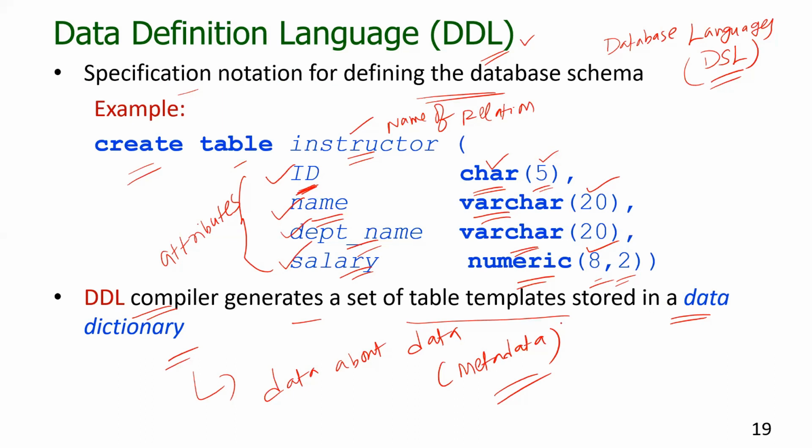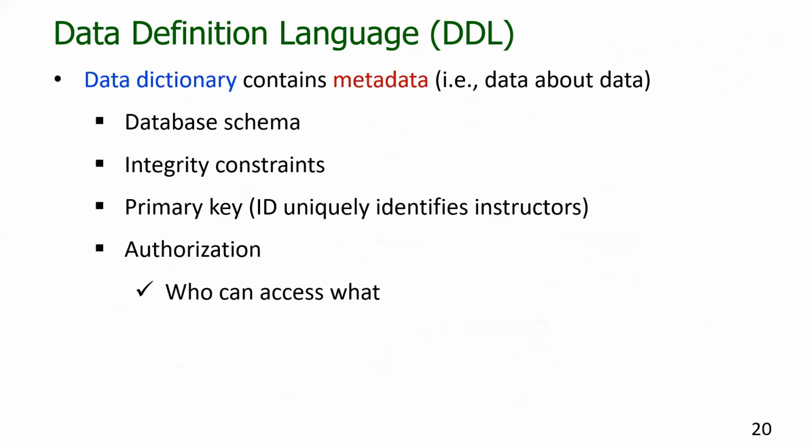Later we will discuss all data definition language commands in detail with SQL practical demonstration. This is just an introduction to the data definition language and one example command, the create command.